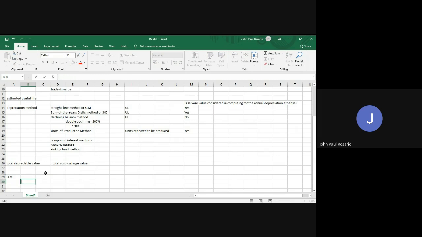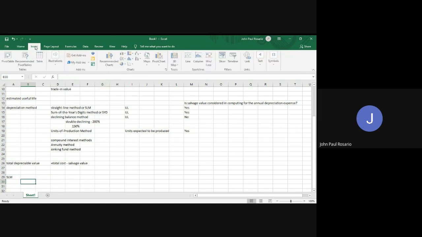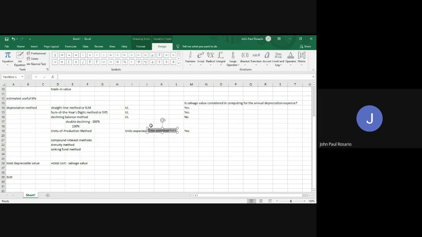So let's put na lang a formula para mas ganda. Okay.